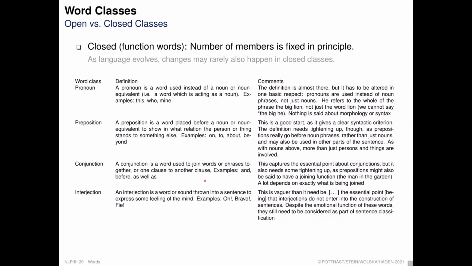Examples here are "oh" or "bravo." So this can be thrown into a sentence. It doesn't form a sentence of its own, even though it stands on its own. So typically these interjections form so-called sentence fragments, but are pretty much in all cases analyzed as sentences. As valid sentences.